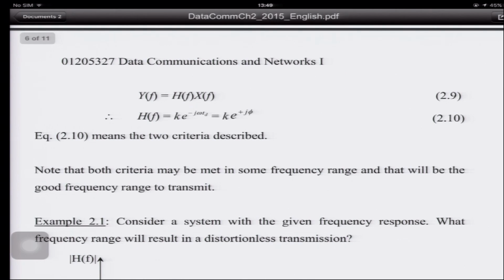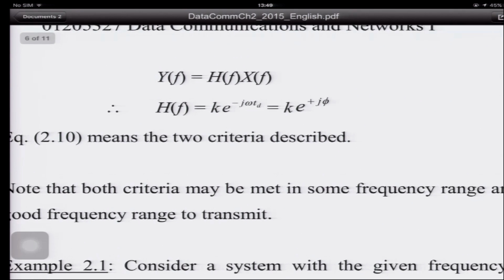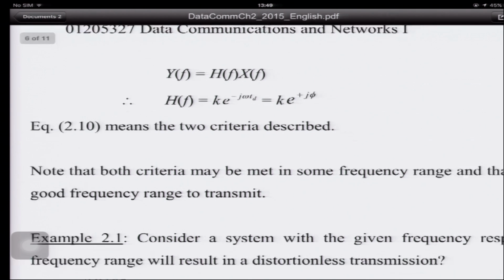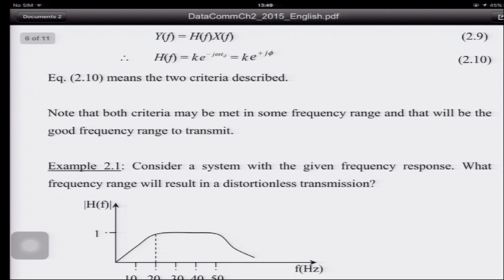You can see that to have H(f) equal to K multiplied by e to the minus j omega t_d, it means that the phase has to be linear with omega, and t_d has to be constant. Otherwise, you will not meet the second criteria.